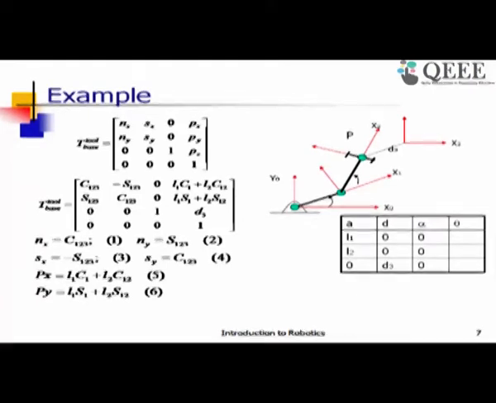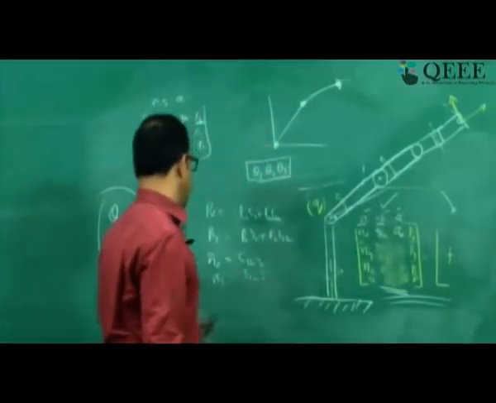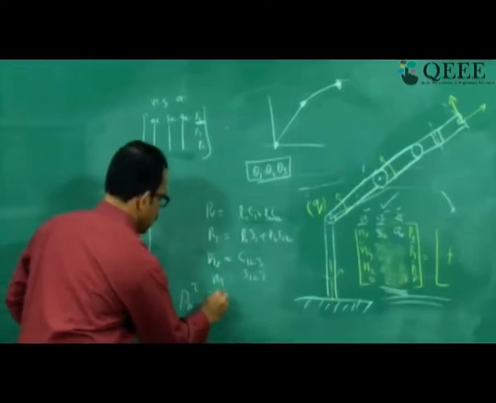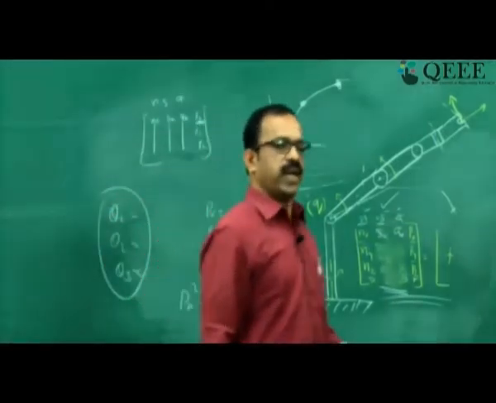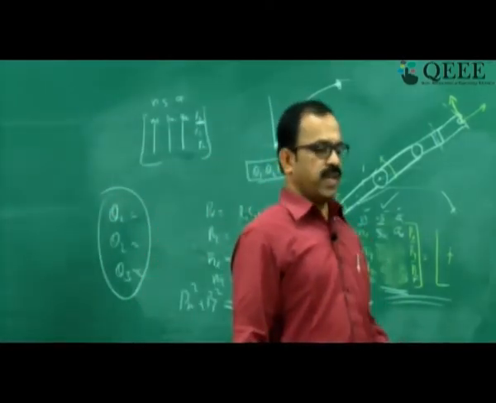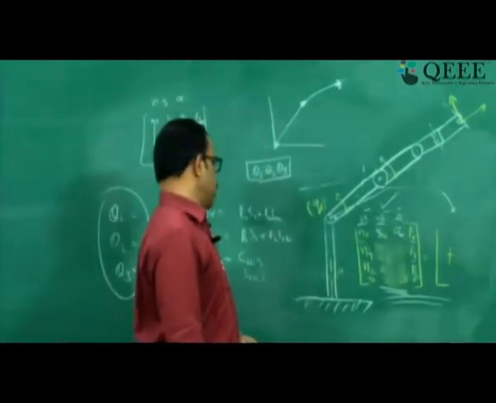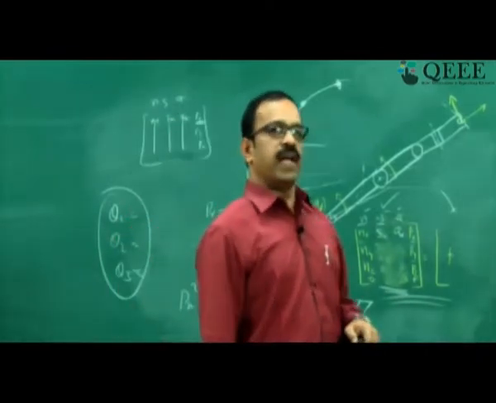Now I can see that for equations 5 and 6, if I square and add them to get Px square plus Py square, I need to find out what the relationship will be. We get Px square plus Py square is equal to L1 square plus L2 square plus 2 L1 L2 C2.